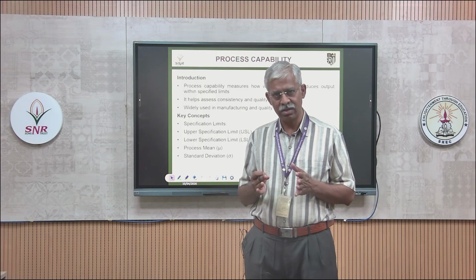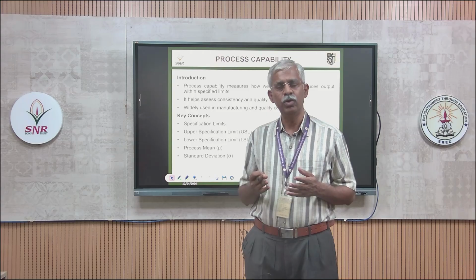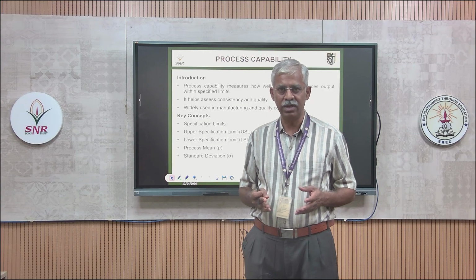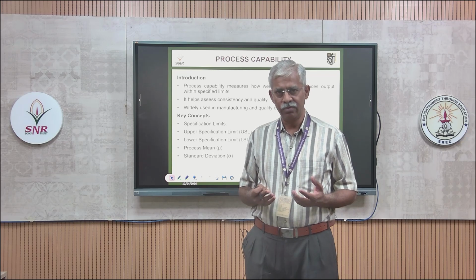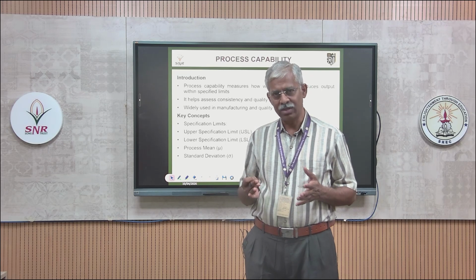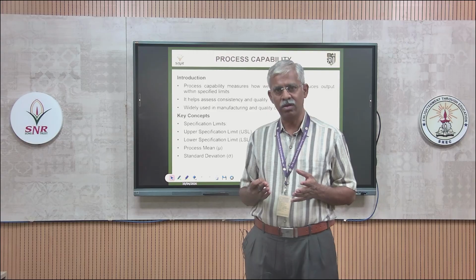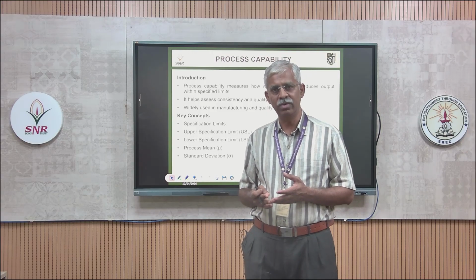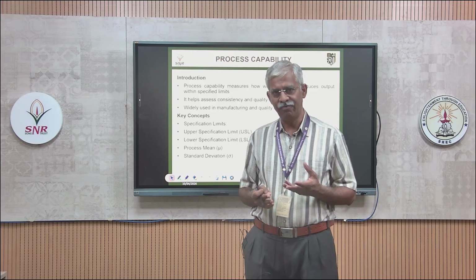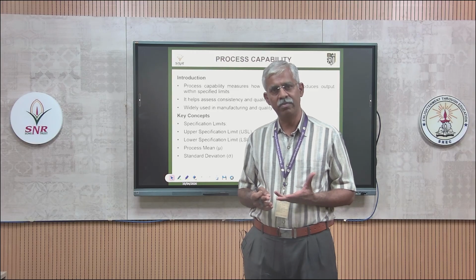Suppose if the tolerance is not there, we need to produce the component exactly at 50 millimeter, which is not possible at all from economical considerations. So we have to ensure that the process is capable of producing the component as per the specifications, as in the example, the shaft diameter 50 millimeter is the nominal diameter plus or minus 1 millimeter.